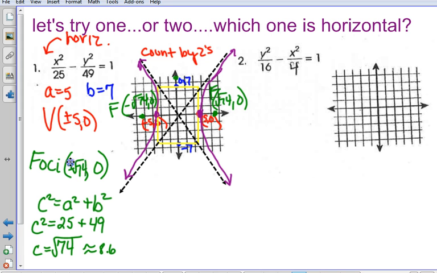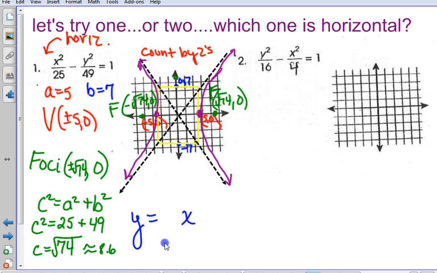Okay, remember we had yesterday vertices, co-vertices, and foci. Now you only have vertices and foci, but you also have to have an asymptote. I need the equation of those asymptotes. Any help there? They go through the origin, so there's no left-right shift, so there's just y equals x, but I need a slope in there.